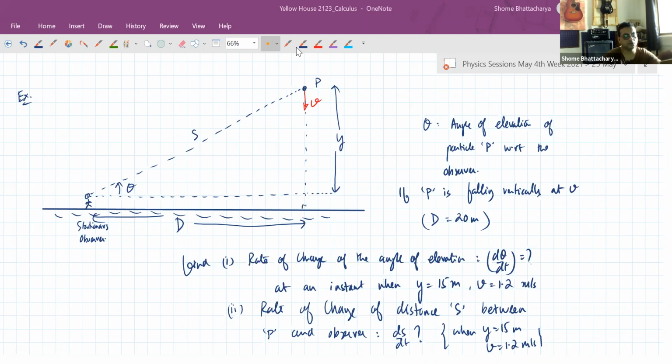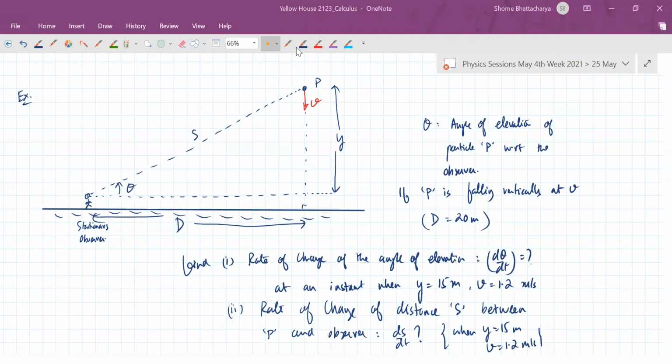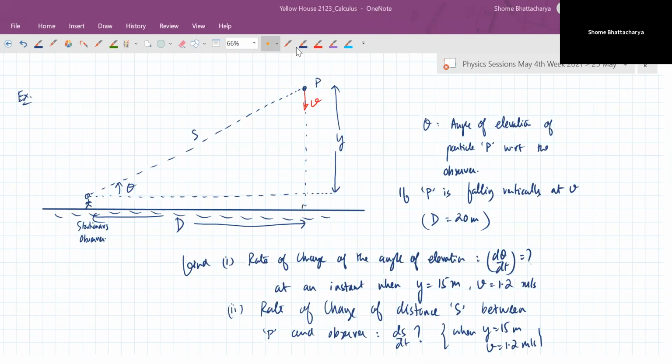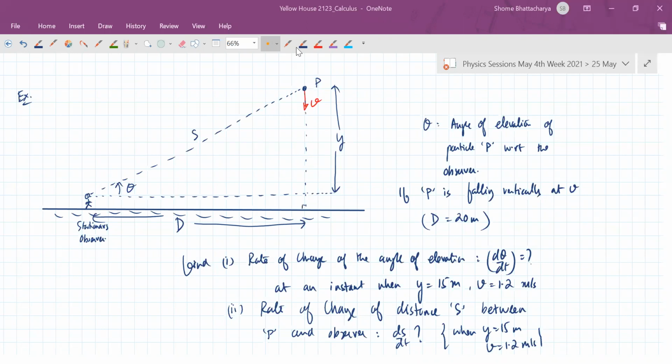Hope you are clear about this. Now, how do we relate theta with y? We relate it by trigonometry. Use the trigonometry of the triangle to find the relationship between theta and y, and then use the chain rule to relate d theta by dt and dy by dt, where dy by dt is clearly minus v. Just try this out, we'll discuss soon.